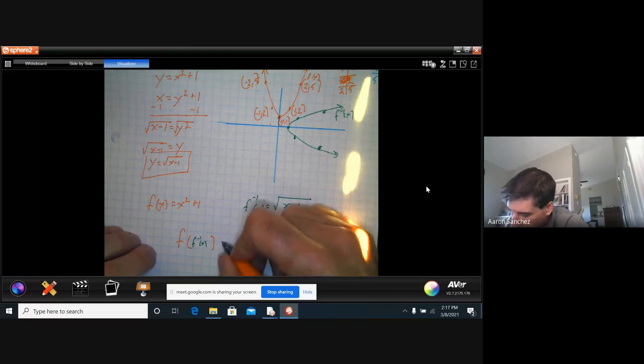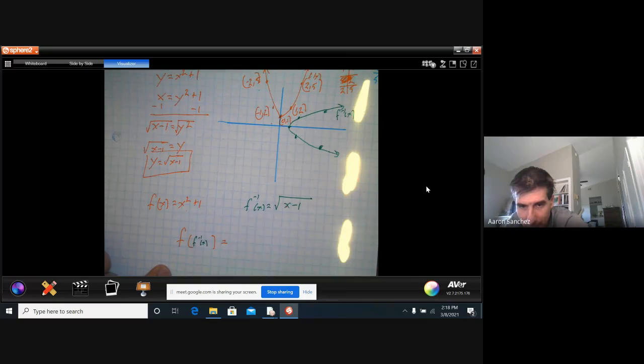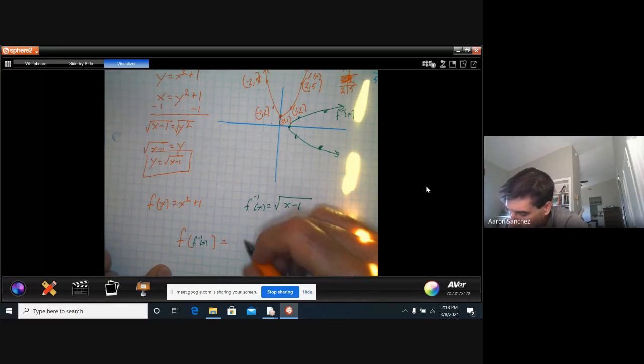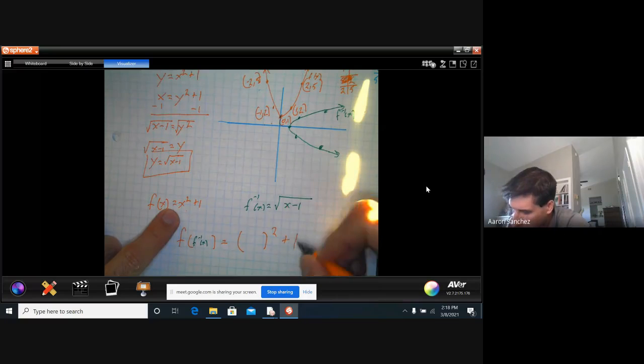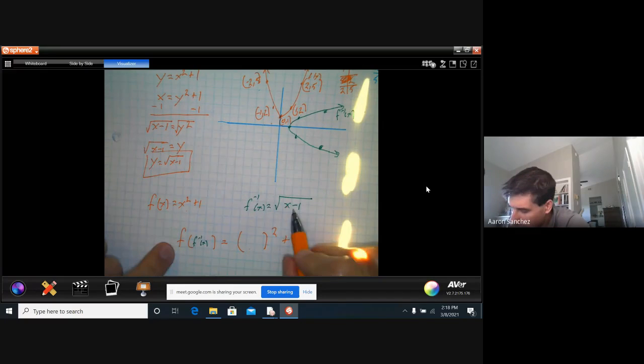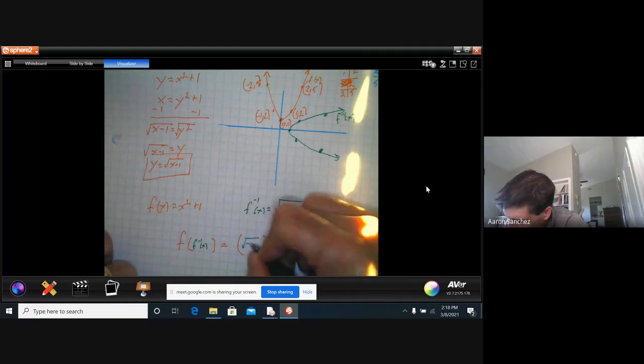What are you talking about, Sensei? Well, if I plug this into that, or that into that, the same thing should happen. But let's do it. Instead of x in x squared plus 1, you plug in this whole function, the square root of x minus 1.